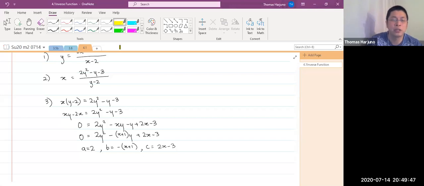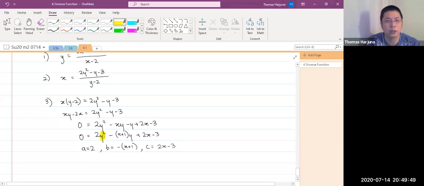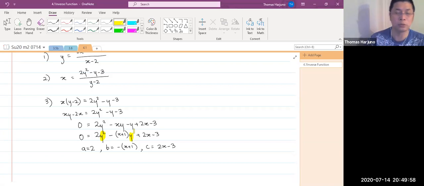So the y squared term has coefficient 2, the y term has coefficient negative (x plus 1), and the constant term is 2x minus 3.